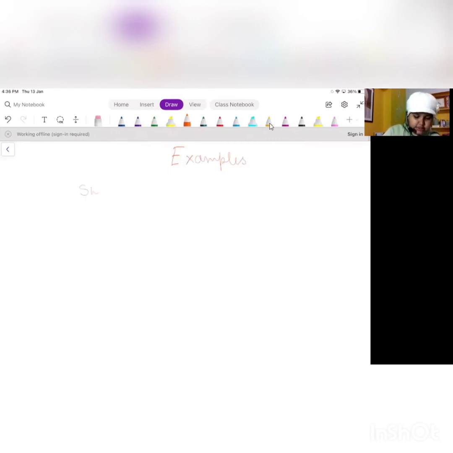She is wearing a skirt. Okay. Looks awesome. So first of all, sometimes we get questions like, let's identify which one is the dependent clause and which one is the independent clause.